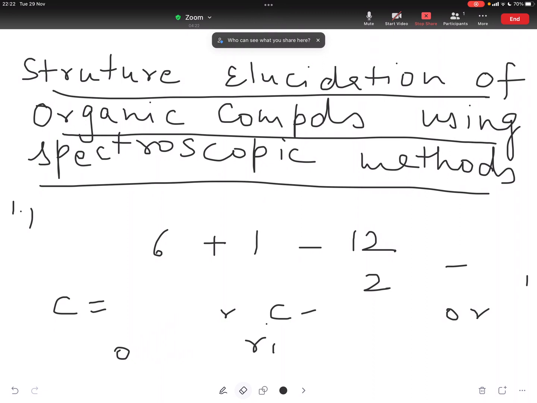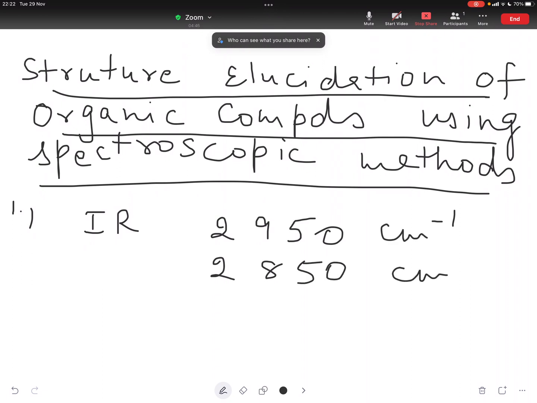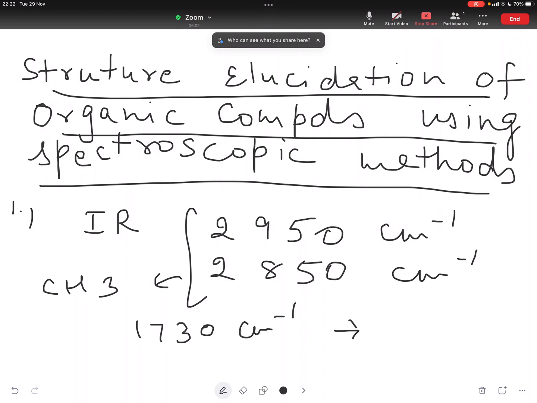If we see the IR spectra, the bands at 2950 and 2850 indicate the presence of a methyl group, and the band at 1730 centimeter inverse again tells that an ester group is present.